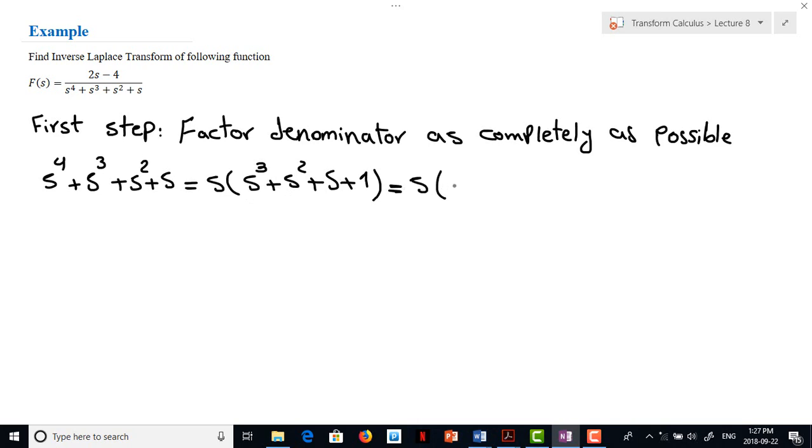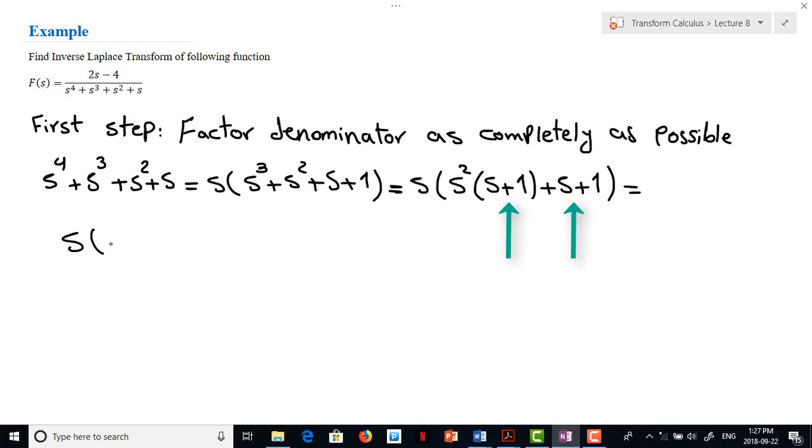I factor out s squared from the first two parts, s cubed and s squared. If I factor out s squared, I have s plus 1, and I write the rest, which is s plus 1. Now we have s plus 1 in common. I can factor out s plus 1.